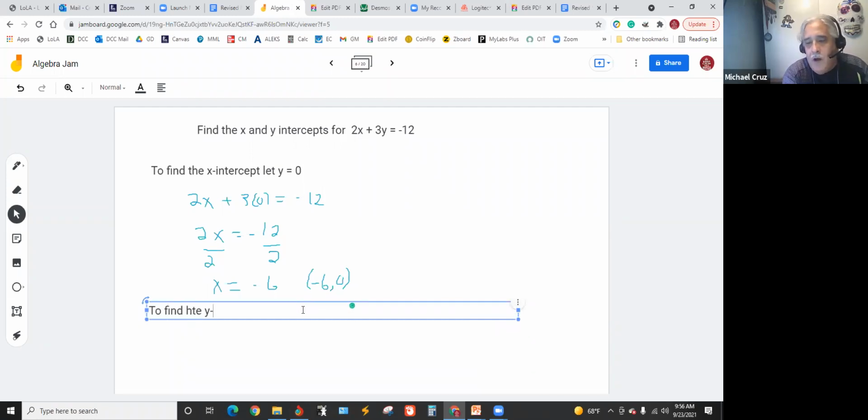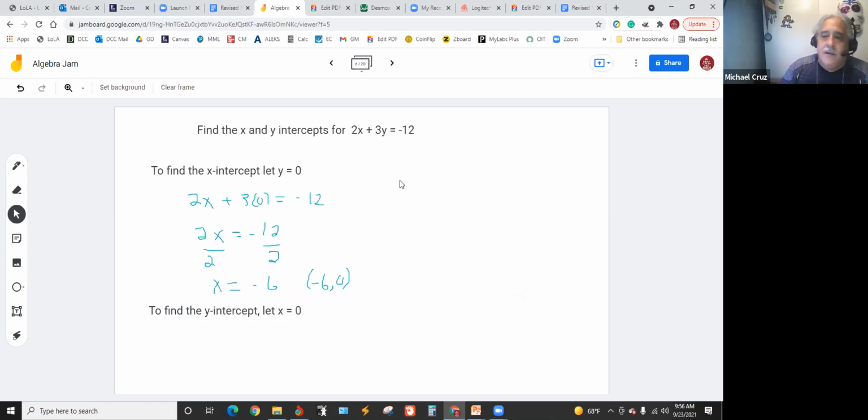To find the y-intercept, let x be equal to 0, just the opposite. If you let x be equal to 0, this term is going to be gone.